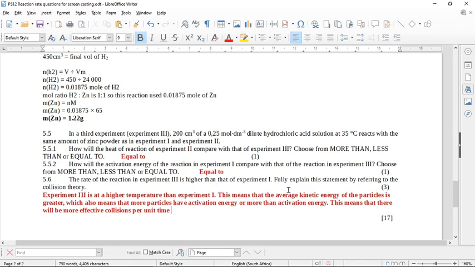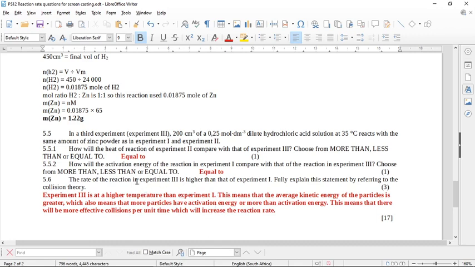There will be more effective collisions per unit time, which will increase the reaction rate. So you're going to get a mark here for explaining that there's more particles which have the activation energy or greater. You're going to get a mark for saying there are more effective collisions per unit time, and you're going to get another mark for saying the reaction rate has increased.